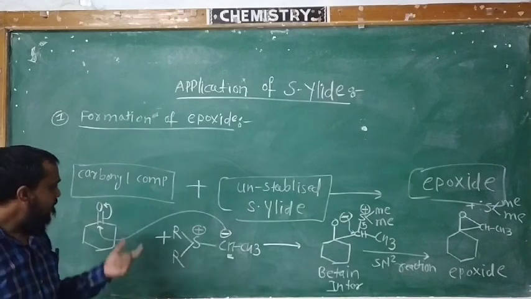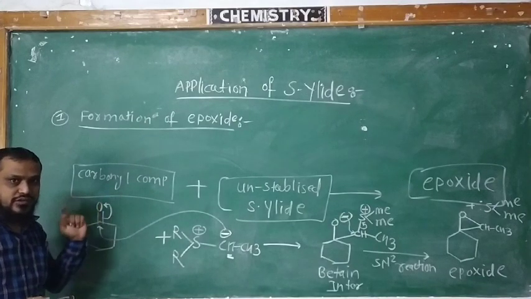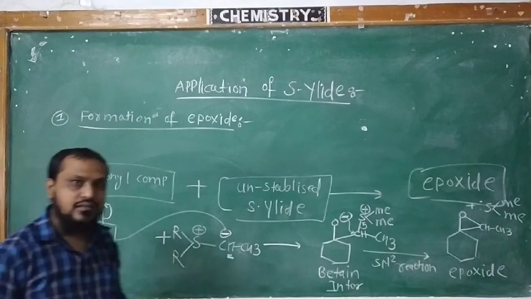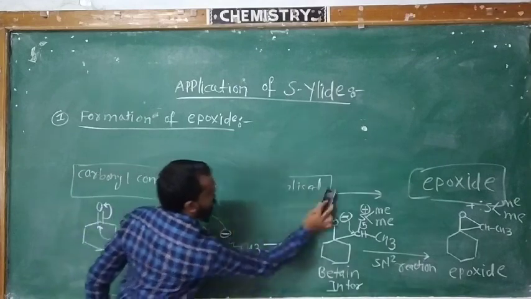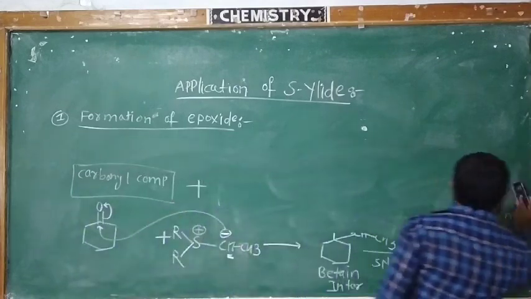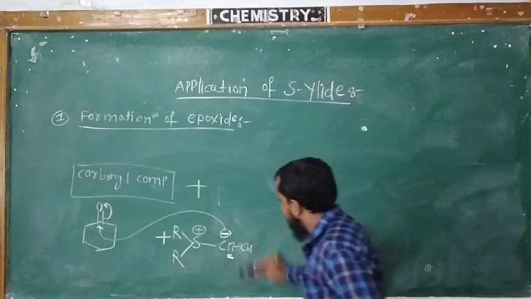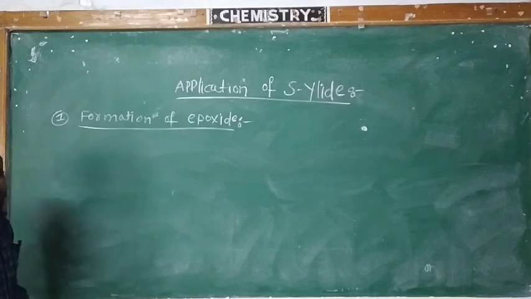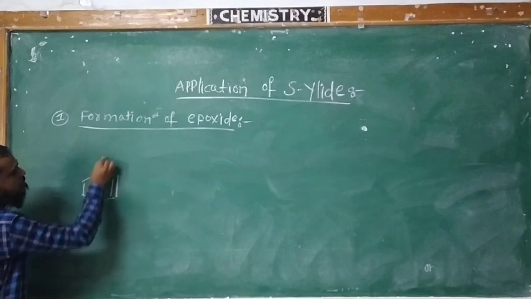Suppose the substrate molecule is an alpha beta unsaturated compound, so what will happen here? Now see here, I have taken an alpha beta unsaturated compound.